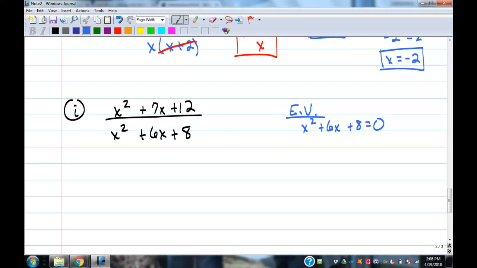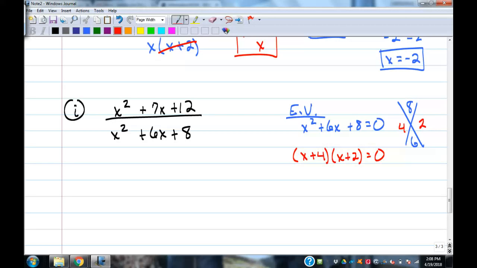So that's got 3 terms, 1, 2, 3, so I'm going to use the X method. Multiply to be 8, add to be 6. 4 times 2. Since there's nothing in front of x squared, I can go straight to my factors, x plus 4, x plus 2.